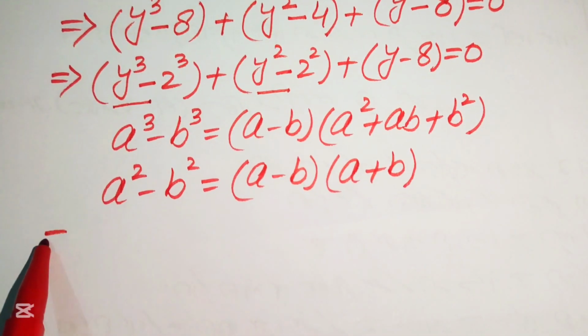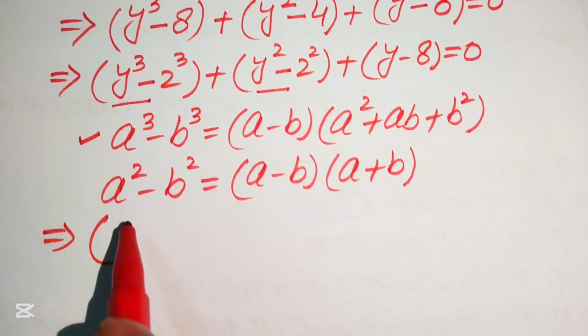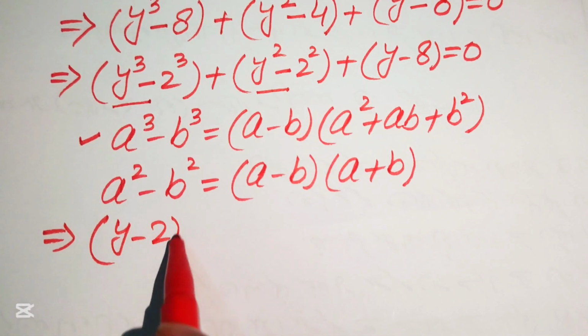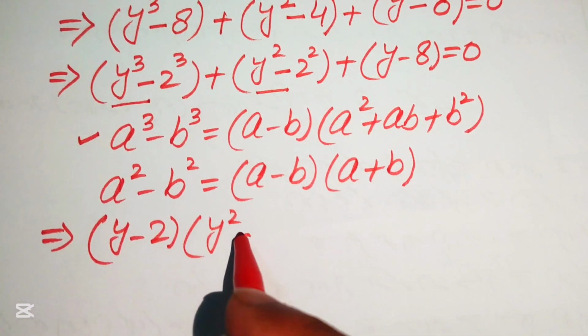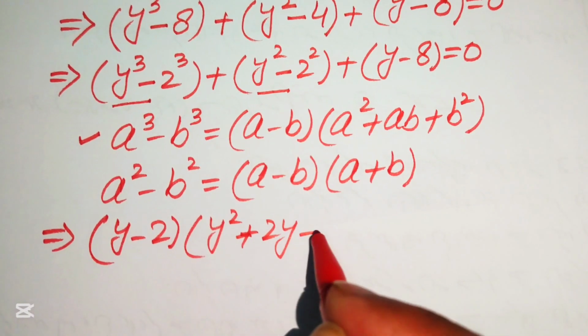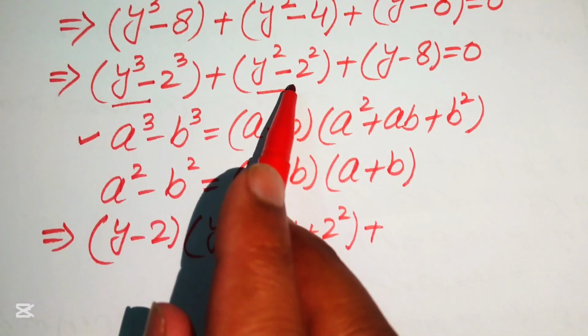So first we will apply this cubic formula, and this term is written as y minus 2 times y square plus 2y plus 2 square, plus y square minus 2 square.